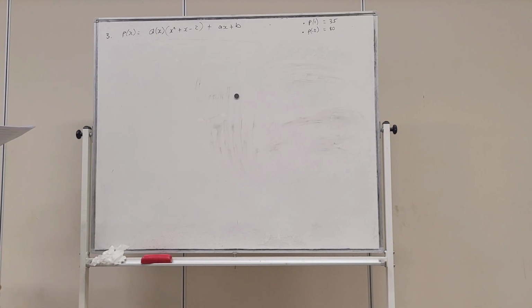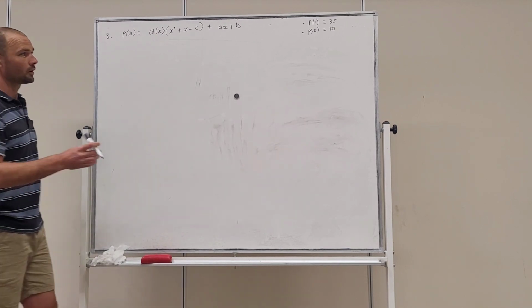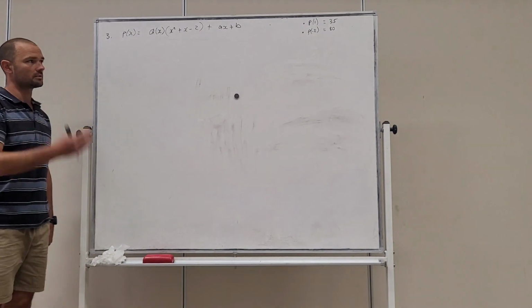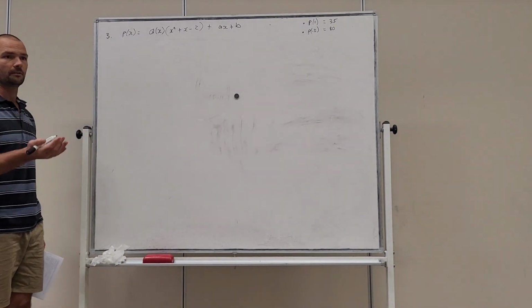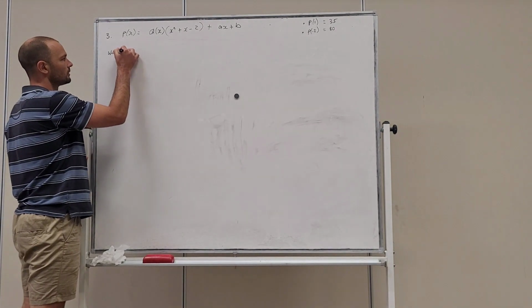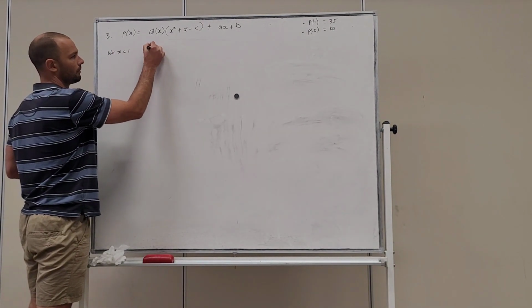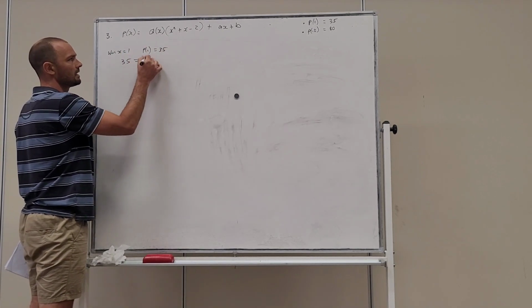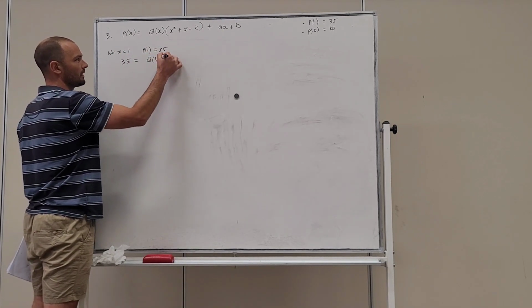Find the values of A and B. So all we're doing first is plugging this information into here in order to determine the value of A and the value of B. So I'll start with, when x is 1, P of 1 is 35. So let's put that in. We're going to have 35 where the P of x is, and we'll have 1 where the x is.